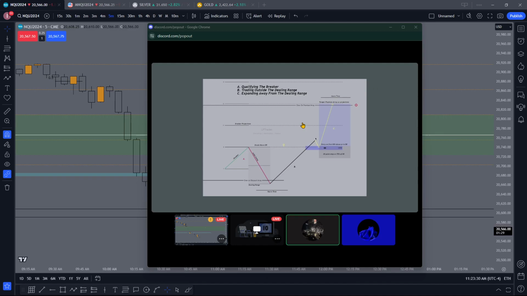Once we get above it, I would expect even faster price action with no retracements. It can retrace inside this, but after that it really just runs. So if I'm holding a partial, I move up my stop, and I would use this as a bias to help me hold trades.